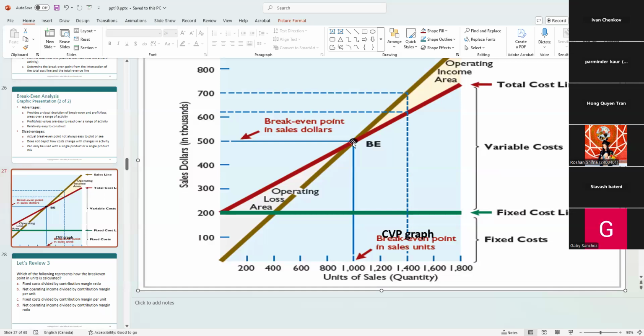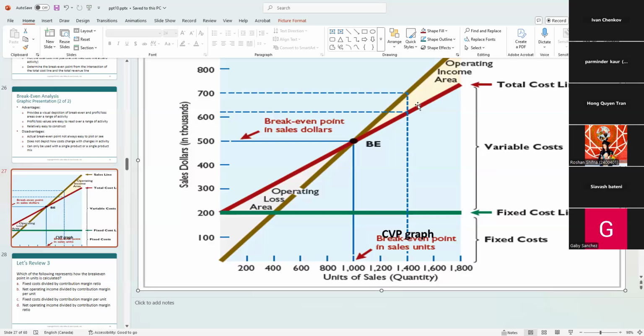So at this point, you cover all the rent and all the grocery. And after this point, now you can start generating some profit. And it's always like that.